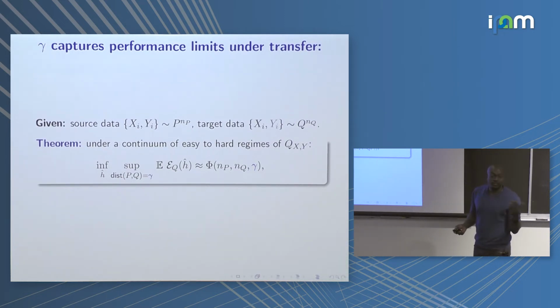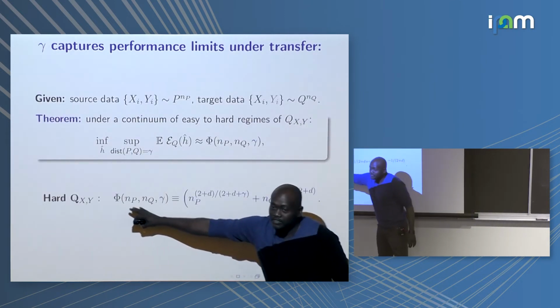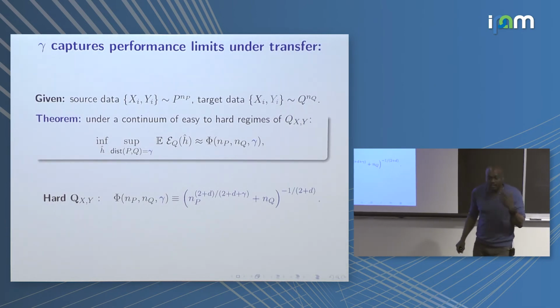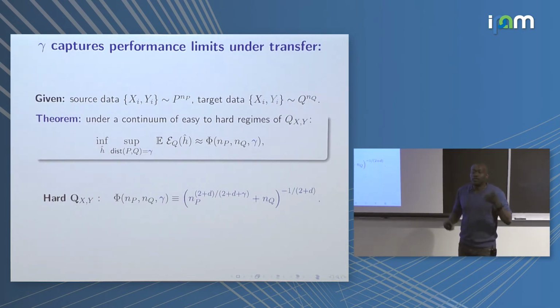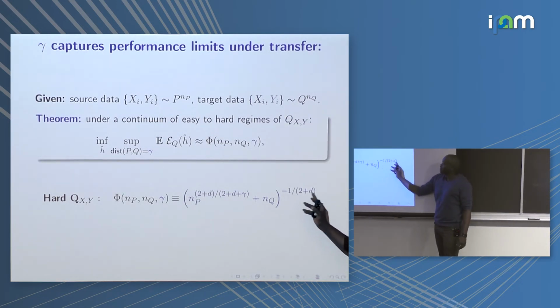The rates themselves are not so simple to describe within the little time I have, but I'll give you some examples of the rate. So here, under very hard classification, the rate takes this form. And by hard classification, I mean all we know, for instance, is that the decision boundary can be any nonlinear decision boundary. There is so much noise and such, right? So the rates then are non-parametric and depend exponentially on the dimension of the target space.